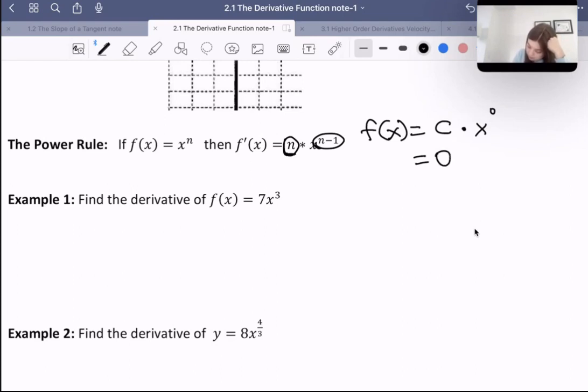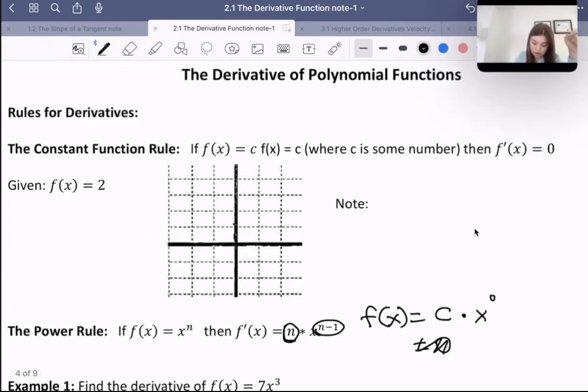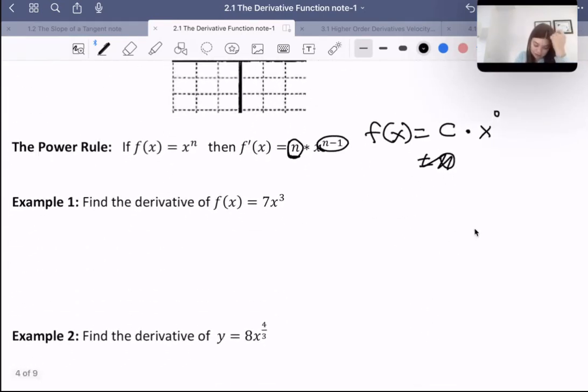If we were to apply our rule here, we would end up with 0. And so the constant rule is actually a variation of the power rule in that sense.